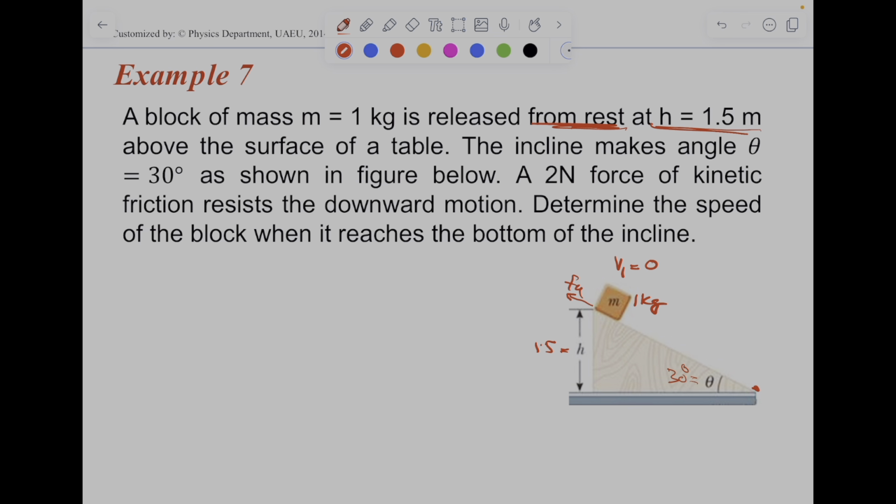Okay, so the distance, take this as s. If you see, this is a right angle triangle. In the right angle triangle, sine theta is perpendicular over the hypotenuse.